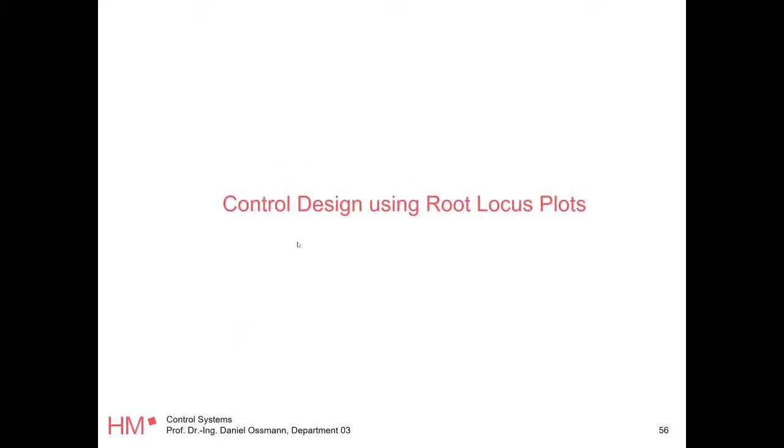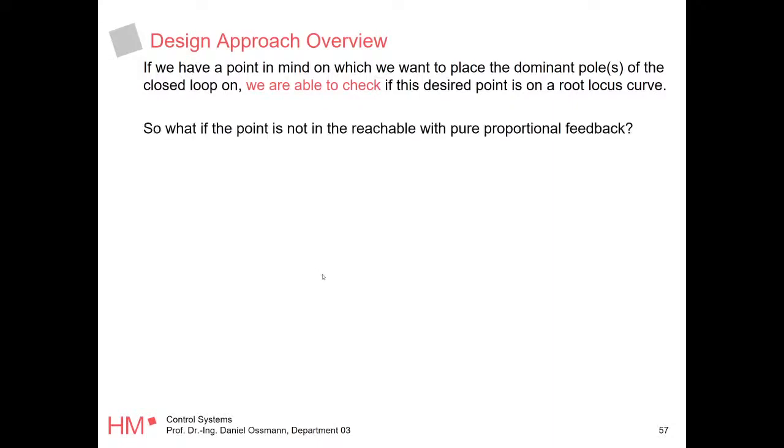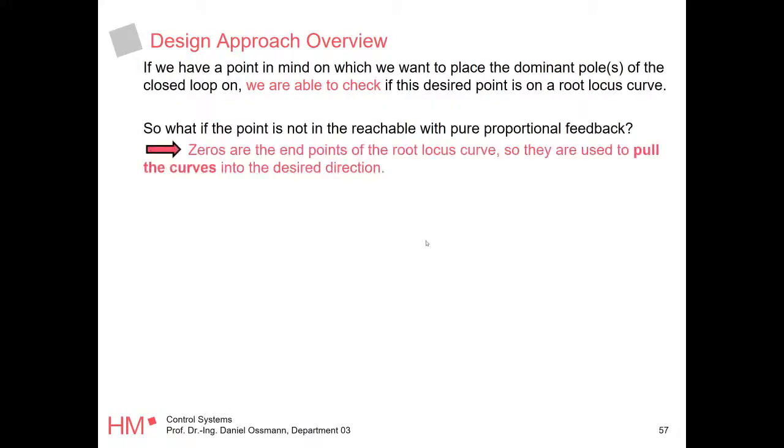We come to the actual control design using root locus. Instead of just checking if something is on our root locus curve, we now want to actively modify those curves, because usually pure proportional feedback is not good enough.